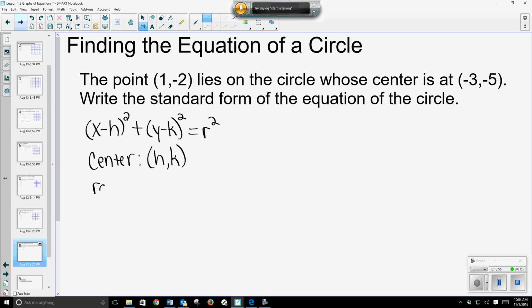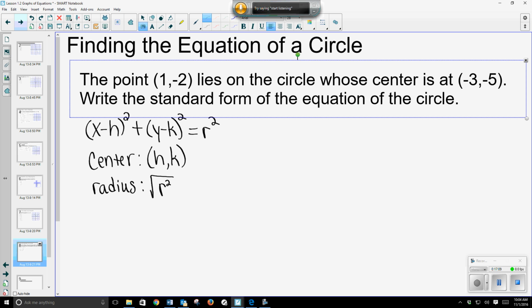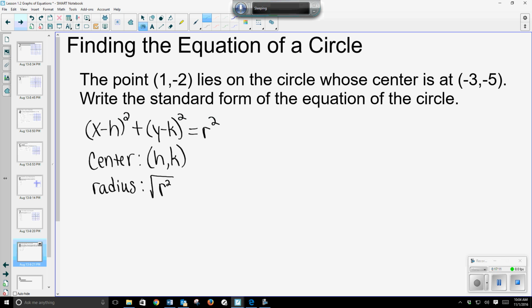The radius of the circle is the square root of r squared. It's the square root of whatever number's right here, because we don't normally see this number squared. So if this r squared is 36, then it's the square root of 36, which is r. Square root of r squared is r, the radius.